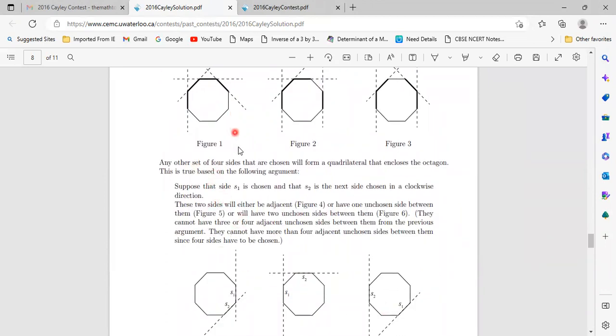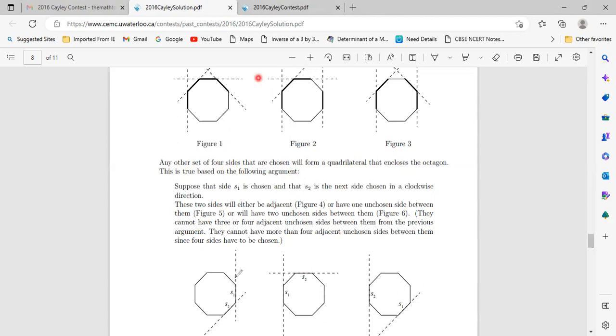So from this, they are concluding that any other set of four sides that are chosen will form a quadrilateral that encloses the octagon. This is true based on the following argument. Suppose that side S1 is chosen, and S2 is the next side chosen in a clockwise direction.